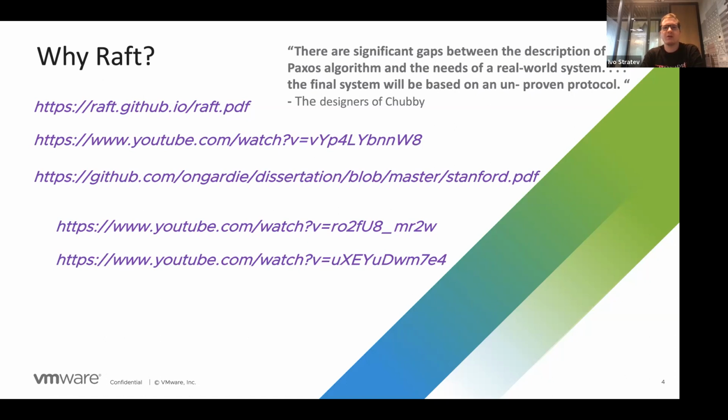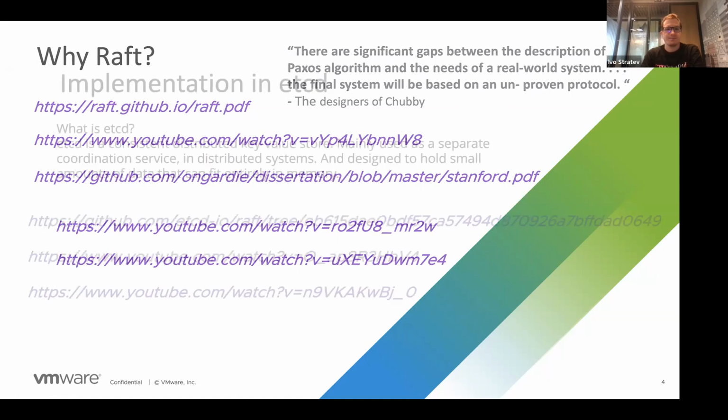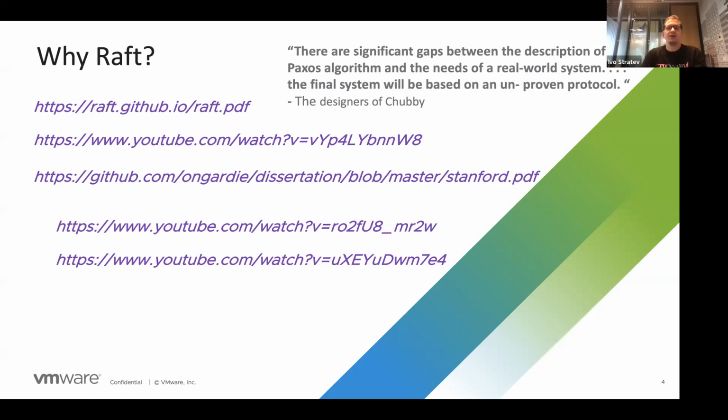For those of you that don't know, Chubby is a service that provides distributed locks, which is a highly persistent service. It was designed at Google, and it's also the foundation for etcd, which we'll talk about in the next slides. Actually, in this slide, we're going to talk about the ideas of Raft.